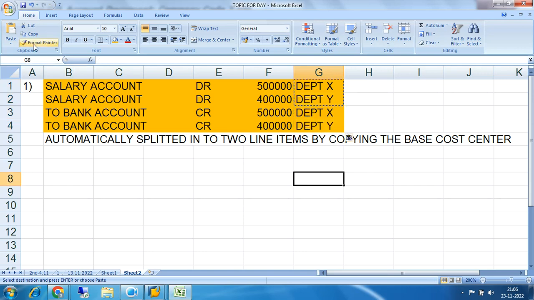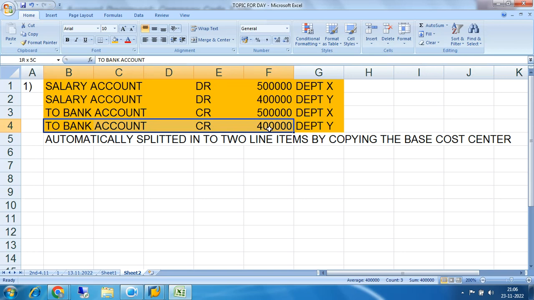So once two line items are created in the background, splitting the 9 lakhs. Actually 9 lakhs is entered by my user as the total credit for the bank, but while saving the transaction it will be split into two parts.